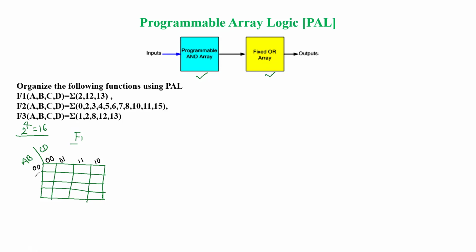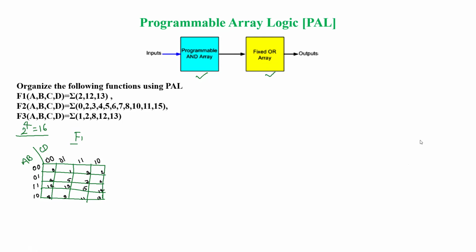Similarly, here we have 00, 01, 11, 10. And for reference we write the min terms 0, 1, 2, 3, 4, 5, 6, 7, and here 8, 9, 10, 11, and 12, 13, 14, and this last one is 15.